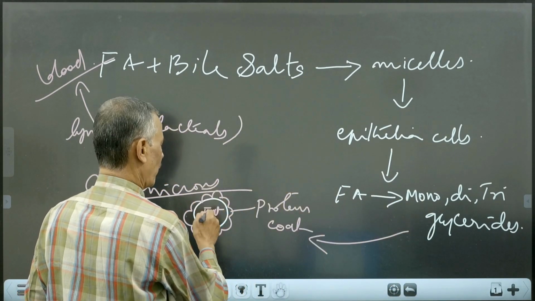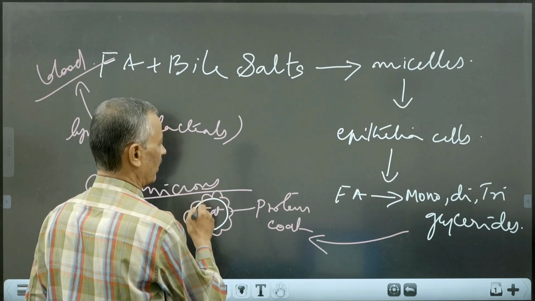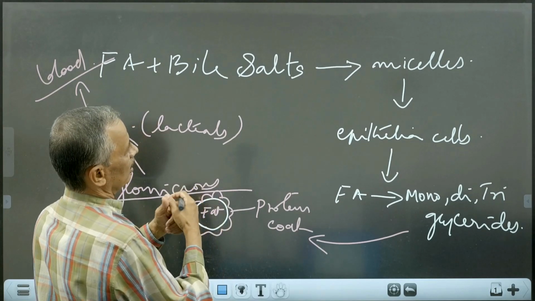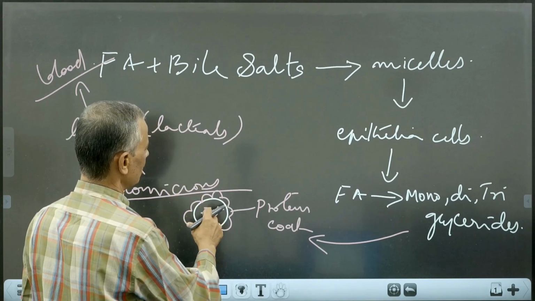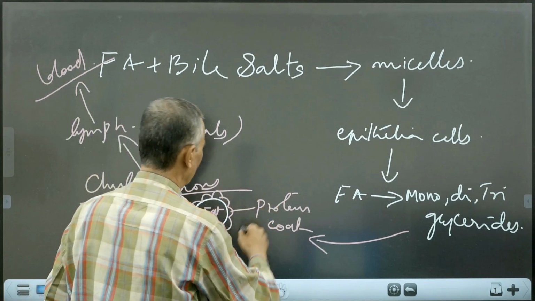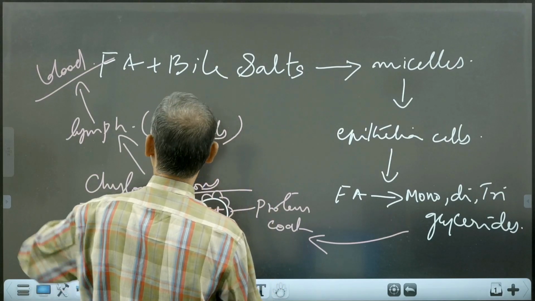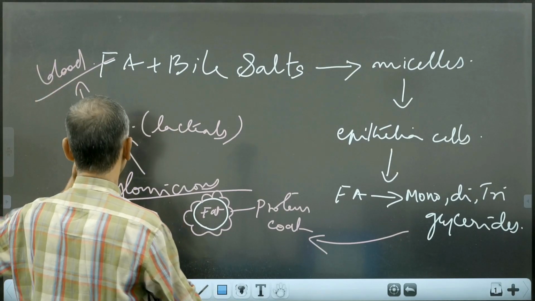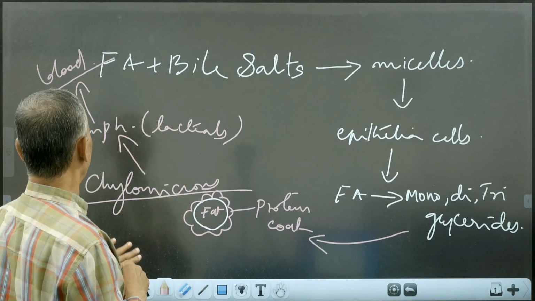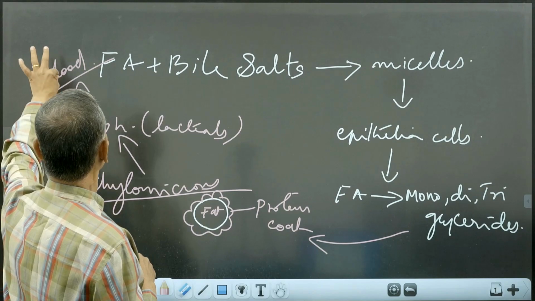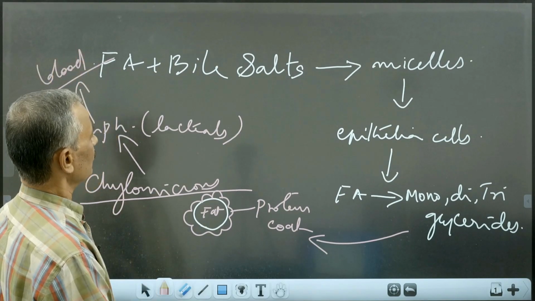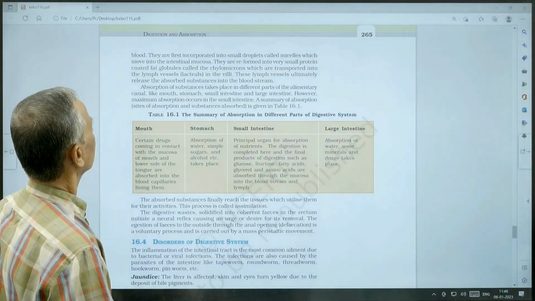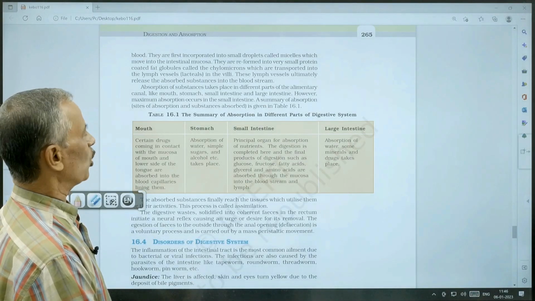So fatty acids, glycerol, etc., will be again reconstructed into fat, a larger molecule, which is given a coating of protein, and then they are all given to the lymph, and the lymph, that is the lacteals, will be carrying them to the blood again. Thus, they are indirectly absorbed into the blood.